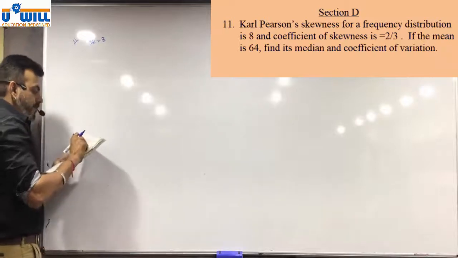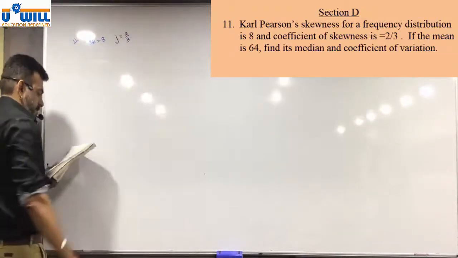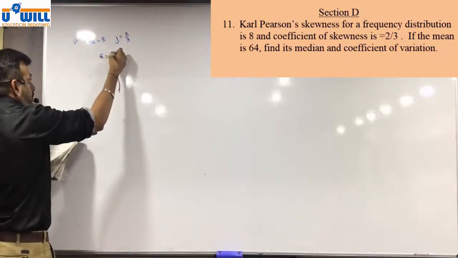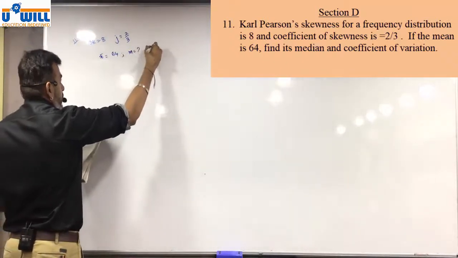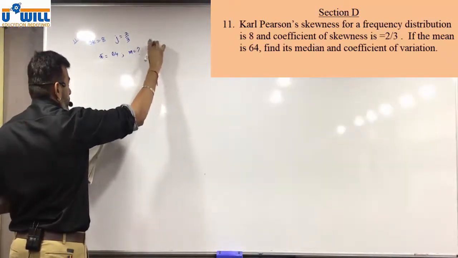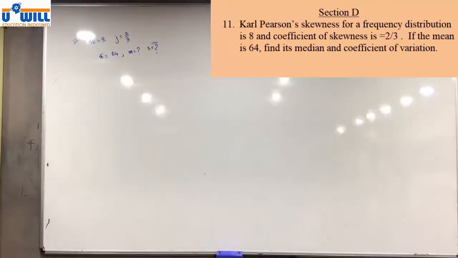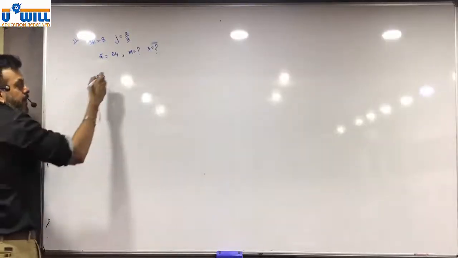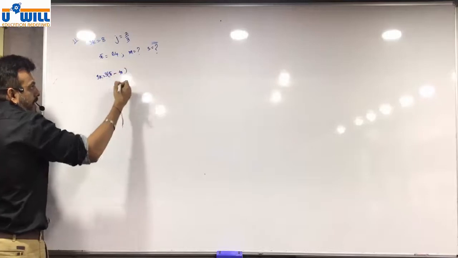And coefficient of skewness, J is equal to 2 by 3. If mean x bar is equal to 64, we have to find the median. We have to find the standard deviation. And then we find coefficient of variation. Skewness is equal to x bar minus 3x bar minus m.